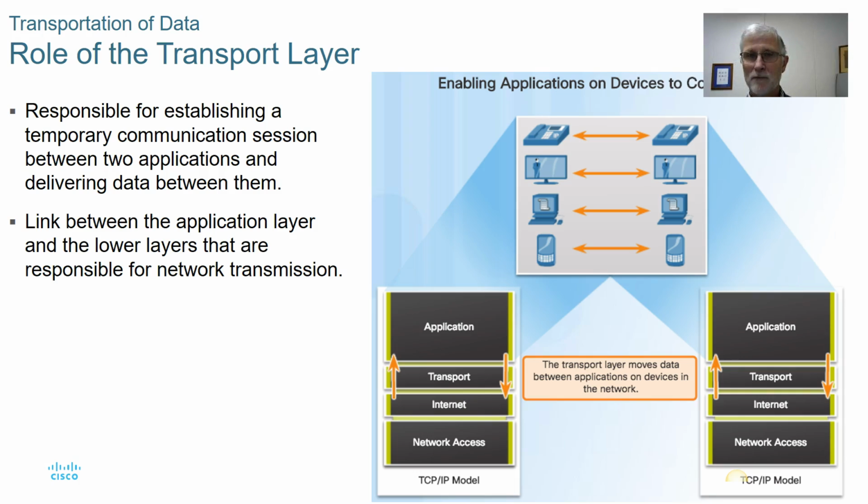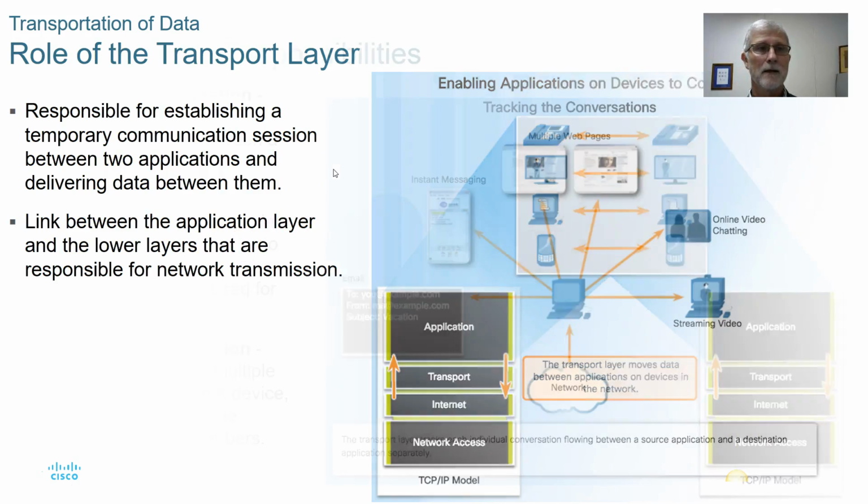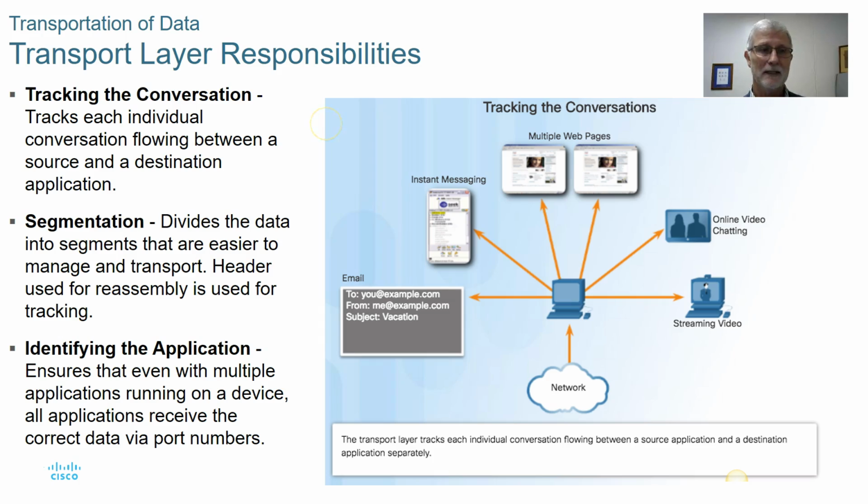I don't want to be in Facebook and get something from Twitter appearing in the middle of it. So that's the job of the transport layer, keeping track of all those individual applications and sessions. So it keeps track of conversations with each application.